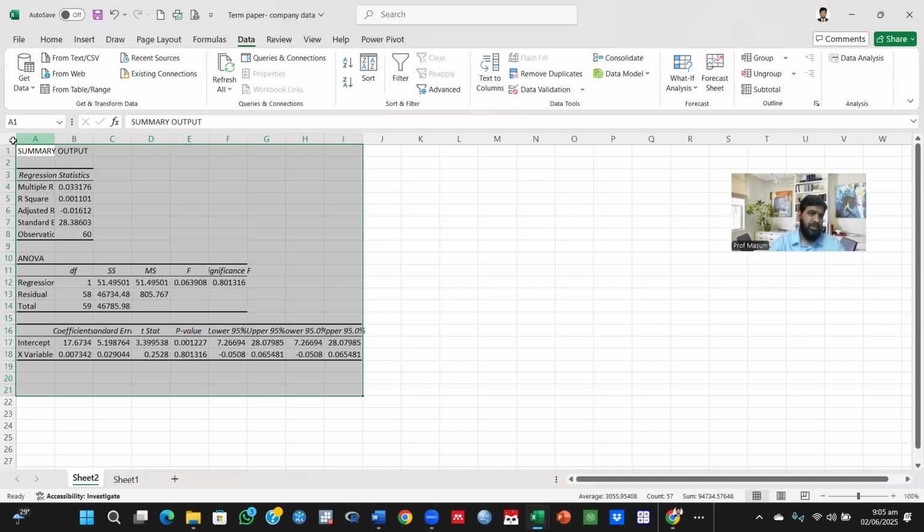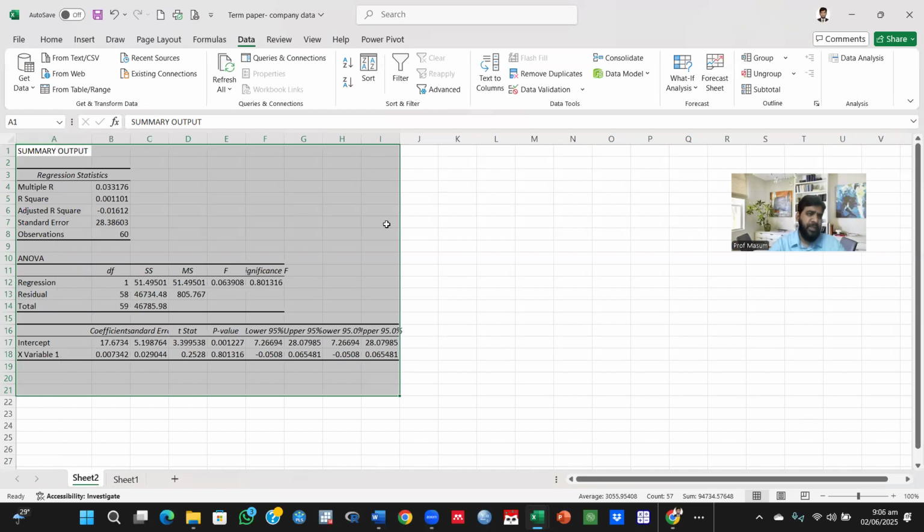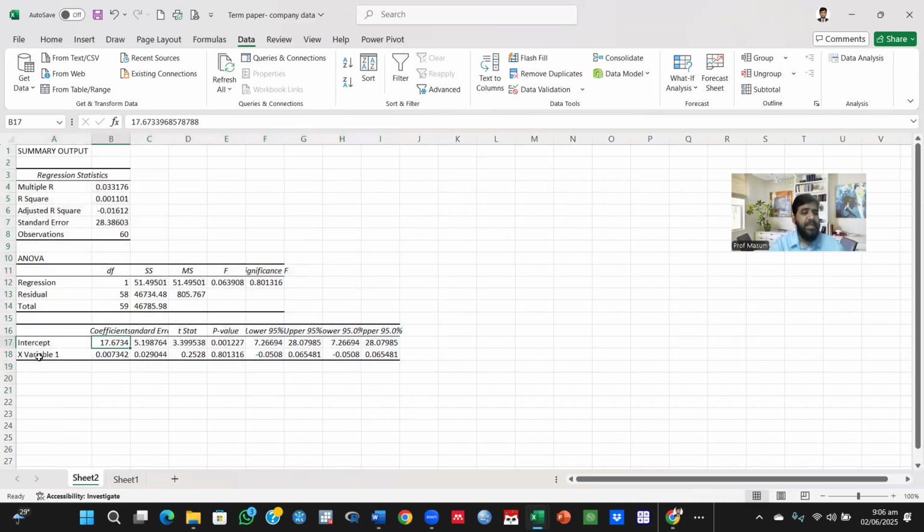So this is how you are going to calculate your regression results. All right. Now here the intercept is 17 and your X variable 1, this is your HR expense. You will rewrite it here. What is the name of your independent variable? You'll write it here: HR expense. So now you have got the scores.